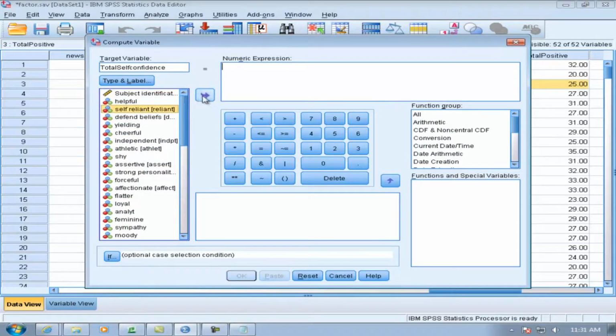Okay. Self-reliant goes in on factor 4. Independent. Did that load? Because it didn't. It was ambiguous, right? Okay. What's the next one? Self-sufficient.